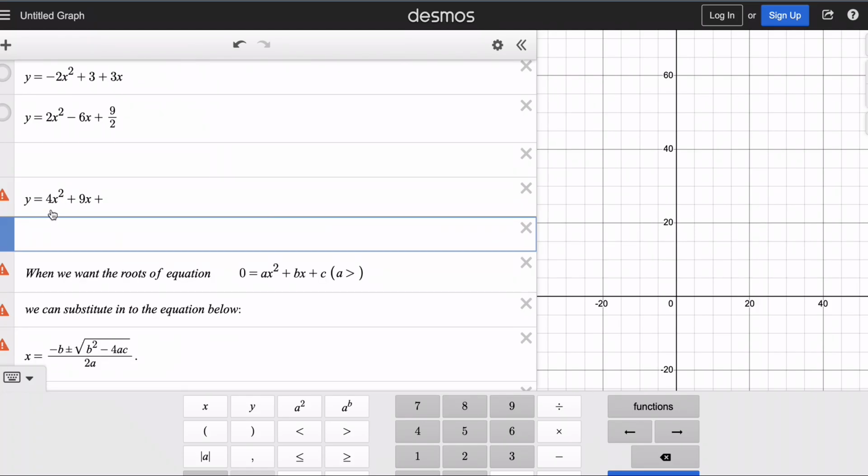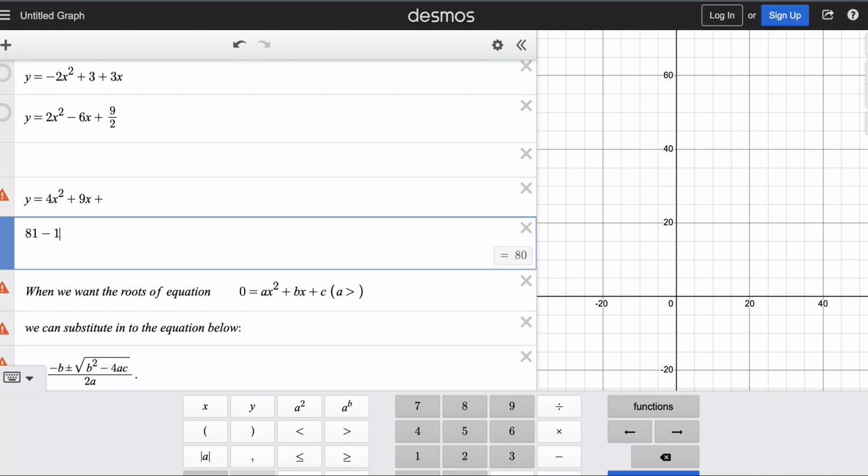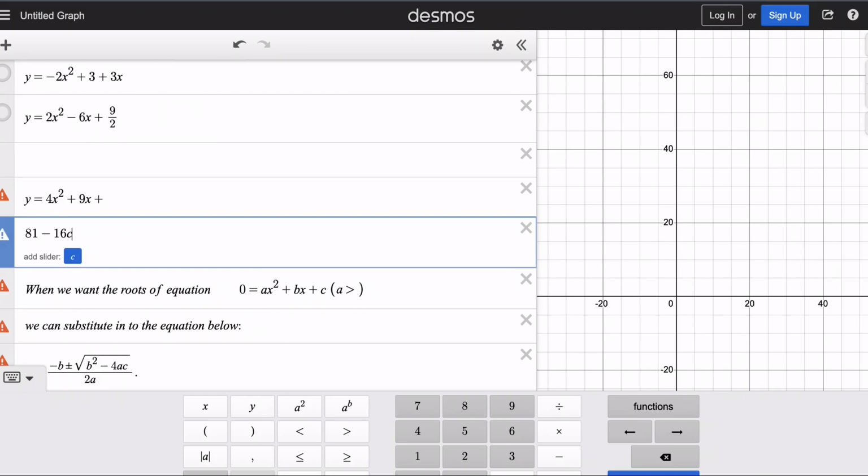So it must add something c, and less than 0 means that 81 minus 16c must be less than 0.